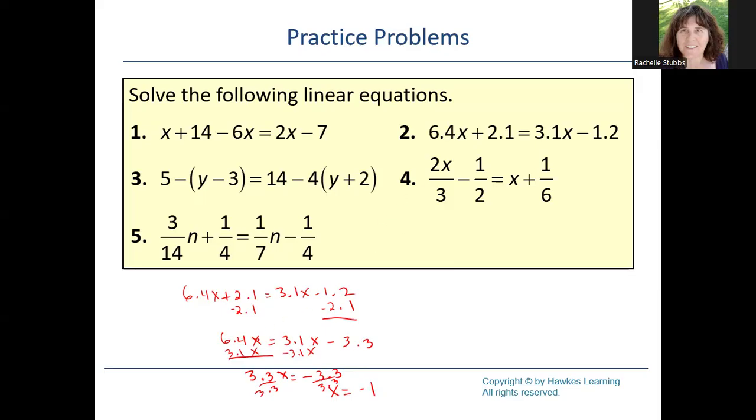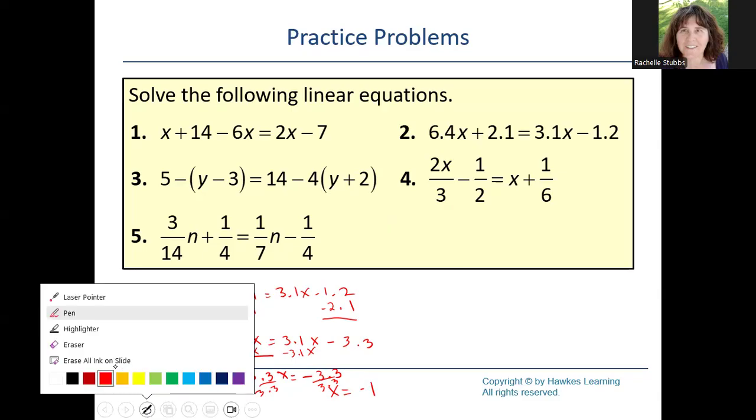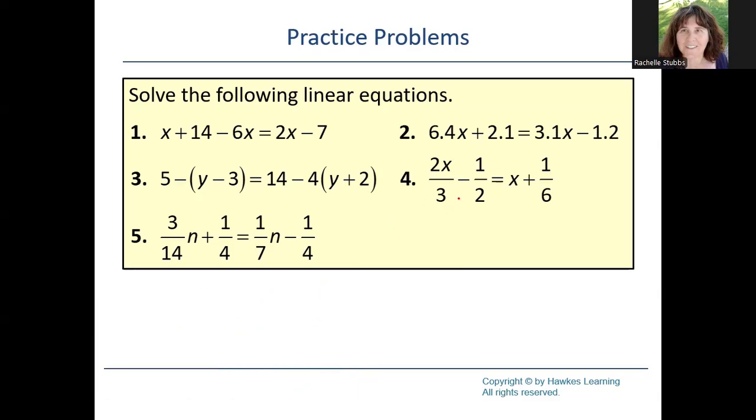And our last one, the fraction that I would clear, is the 2, 3, and 6. They have a 6, so I would multiply everything by 6. So I would get 6 times 2x/3 minus 6 times 1/2 equals 6 times x plus 6 times 1/6.